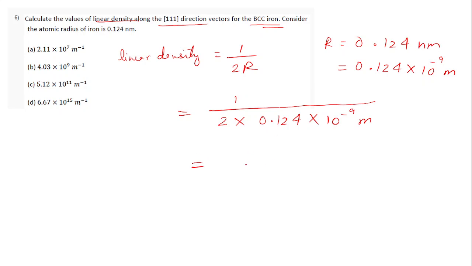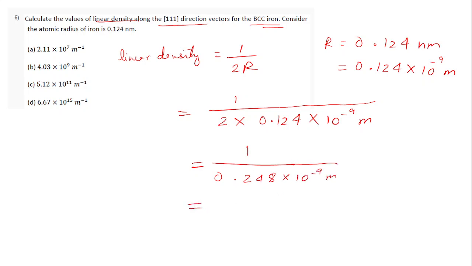Let's do some maths here. I have my calculator to do this. 2 times 0.124, 0.248. So 1 over 0.248 times 10 to the power minus 9 meter.